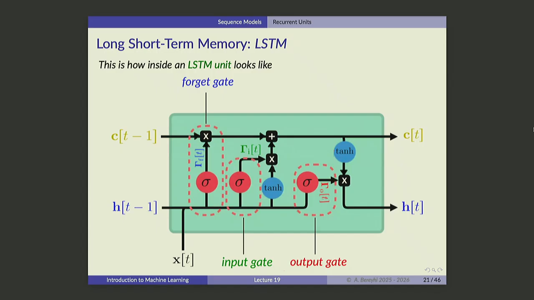Anyways, this one has more gates, so it has one thing which we call the forget gate. Obviously, you can guess this is going to make us forget the previous, something like the reset gate we had in GRU. We have the input gate, which is going to control whether the input is getting in or not, so you can gauge the input as well.